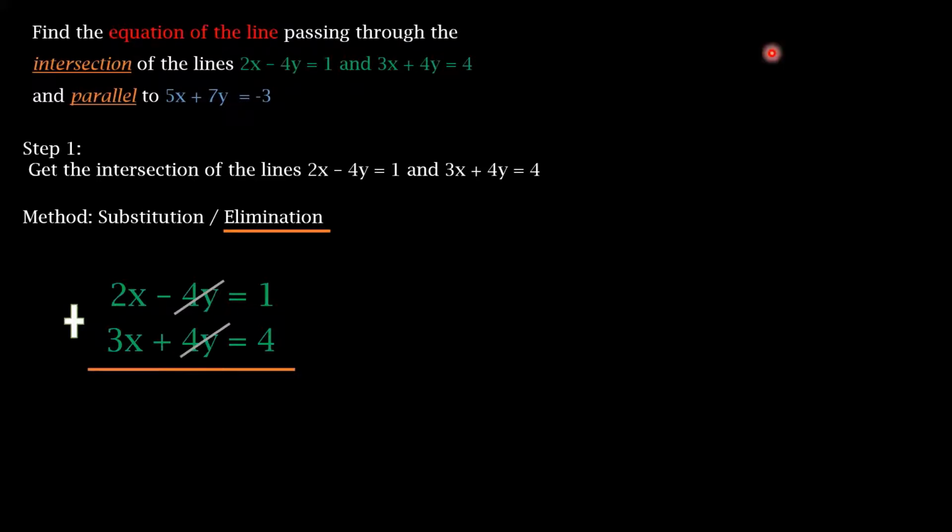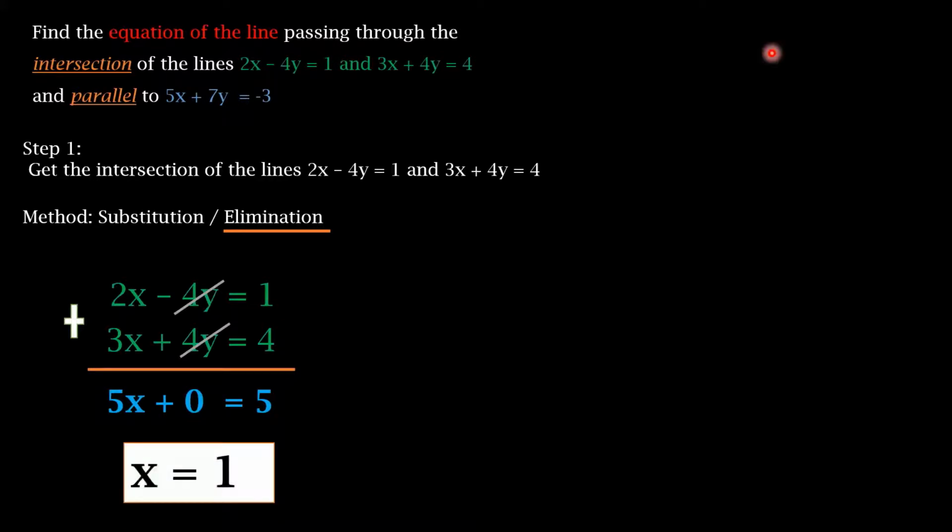So adding these equations, we have 2x plus 3x is 5x, plus 0, and 1 plus 4 is 5. To solve for the value of x, we divide both sides of the equation by 5, and we come up with the value of x as 1.